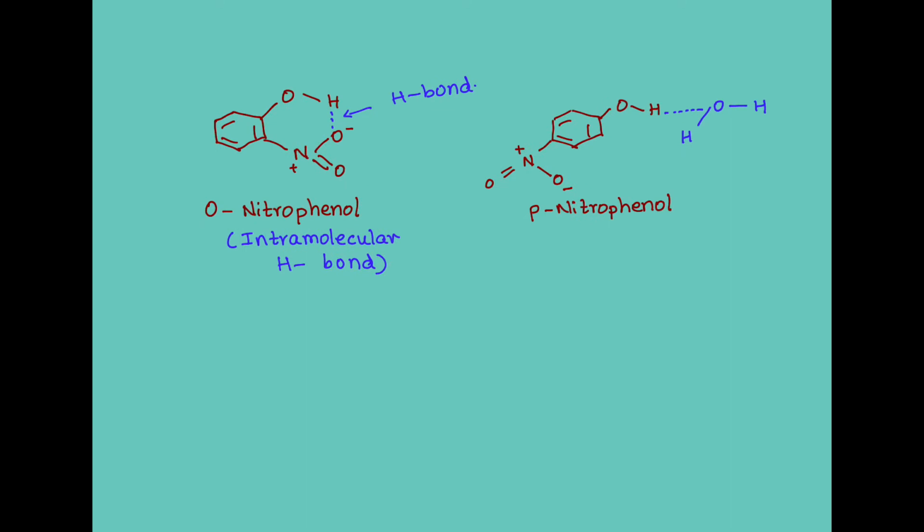Now, just like it formed a hydrogen bond with water, supposing there was another molecule of paranitrophenol, do you think it would be able to form a bond with that? Oh yes, why not? We can form friendship here, right?